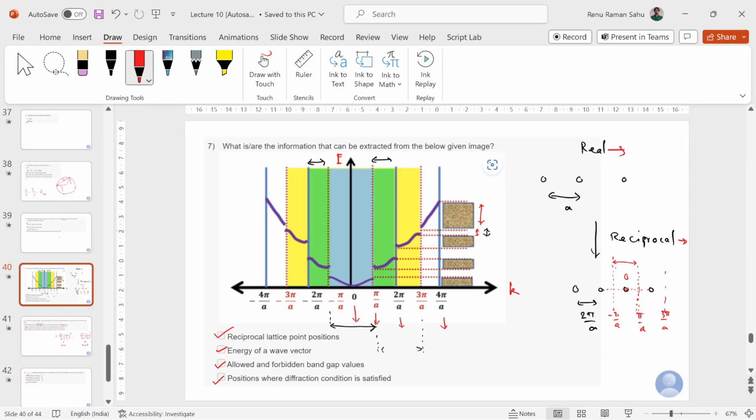For example, if you want to find a Wigner-Seitz cell about this particular atom, you have to find the region of space which is closer to this atom than any other atom. That you can find by making this Bragg plane construction.